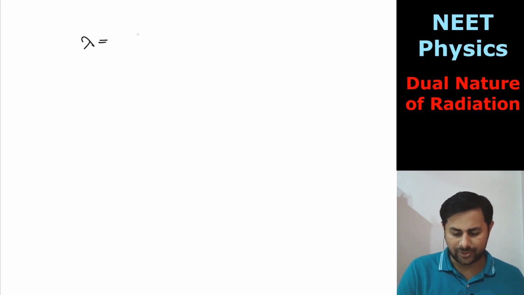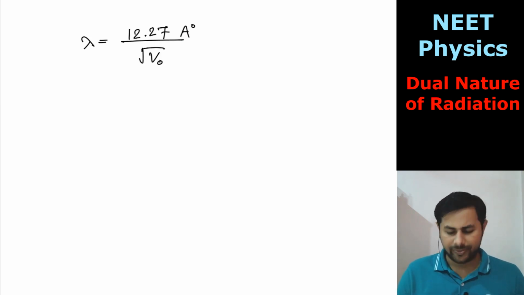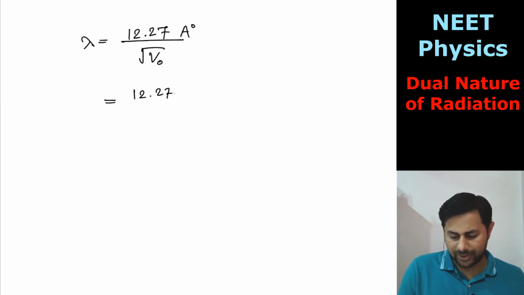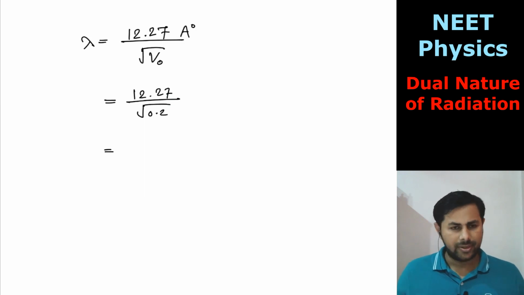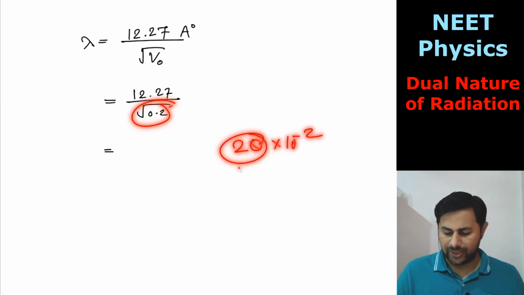Then you can just make use of lambda equals 12.27 divided by square root of V, and in place of V we'll just put V naught. So that's 12.27 divided by root of 0.2, right? But what is square root of 0.2? You can write this as 20 multiplied by 10 raised to minus 2, root of 20 is 4 point something.